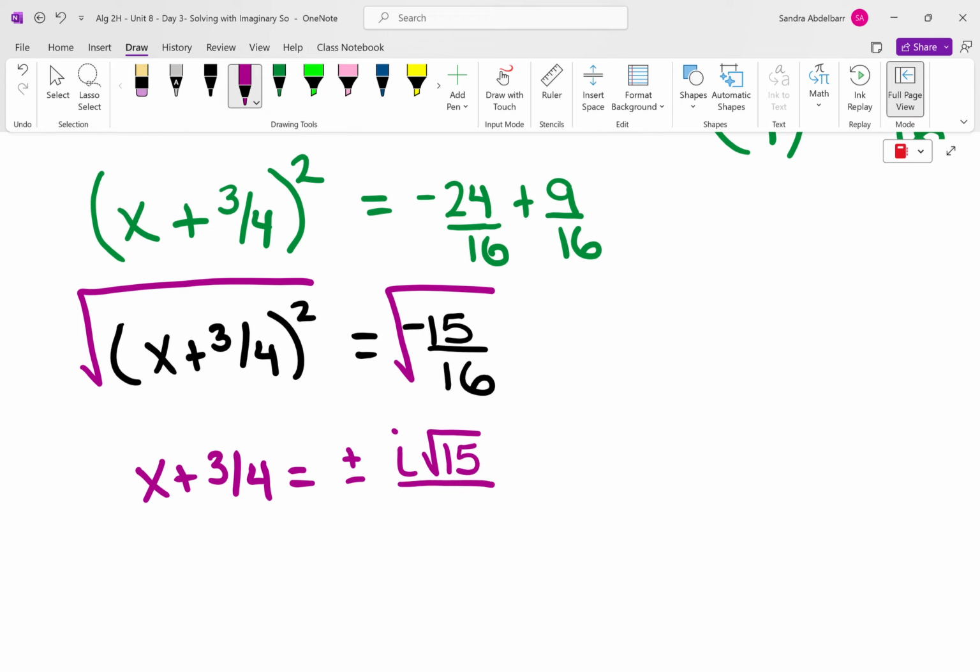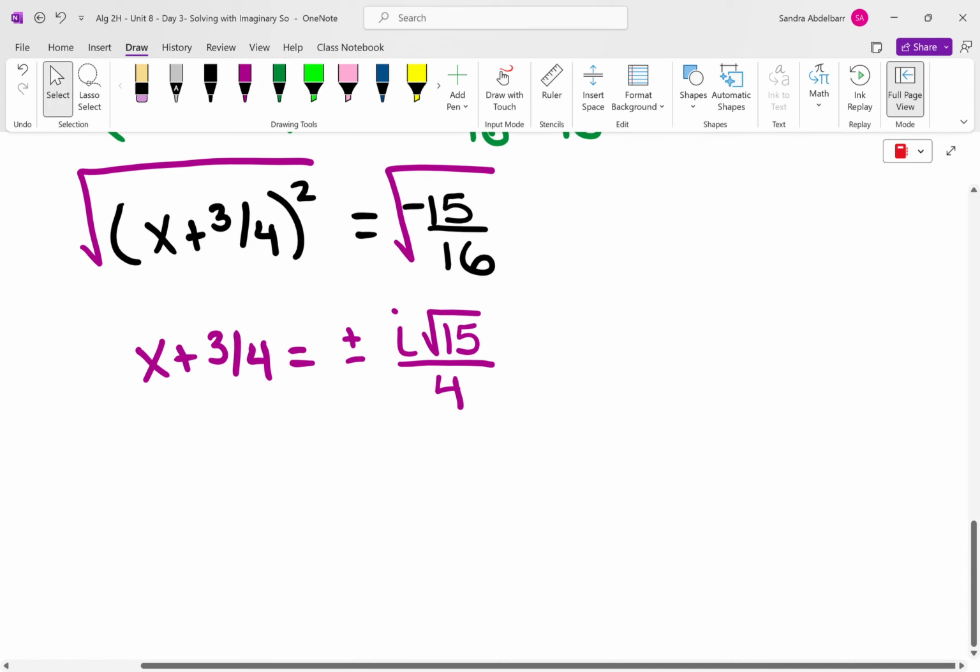What's my denominator going to be? Anybody? 4, because the square root of 16 is 4. We're still not done, because we need to get that x by itself.